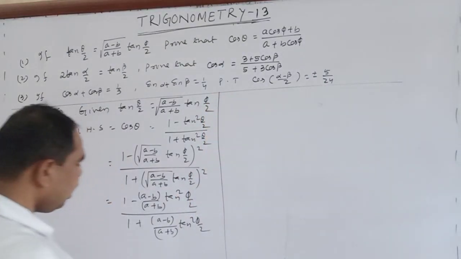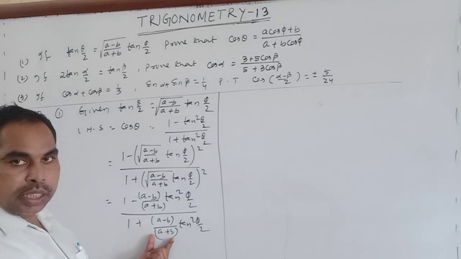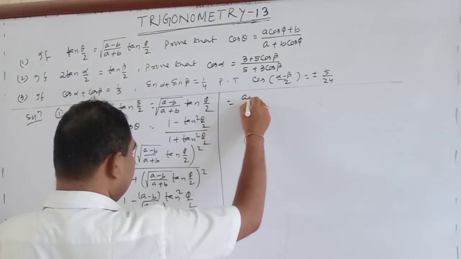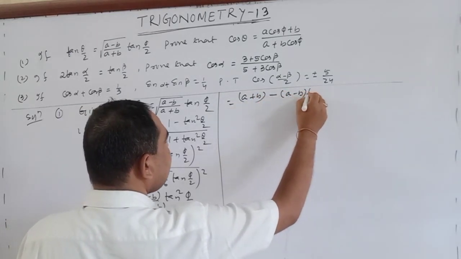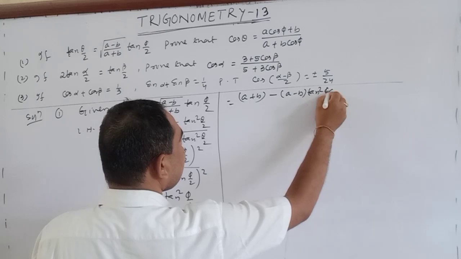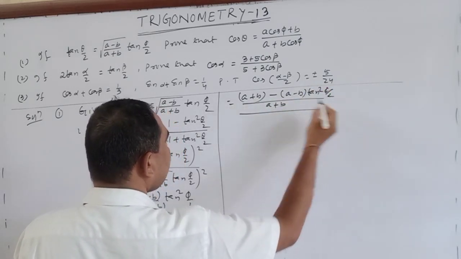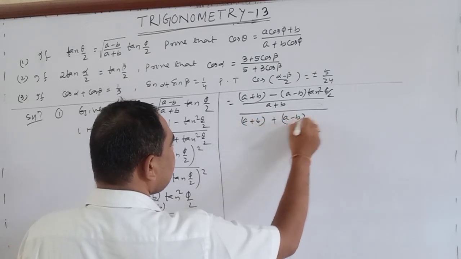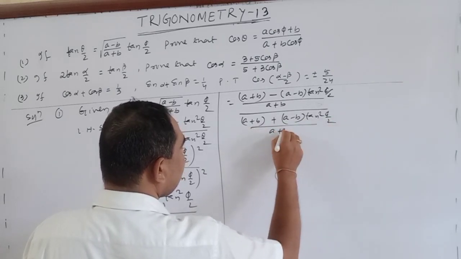Okay, so find the LCM. So LCM is what? A plus b. Here also LCM is a plus b. So it is equal to a plus b minus a minus b tan square phi by 2, divided by a plus b, whole divided by a plus b plus a minus b tan square phi by 2, divided by also a plus b.